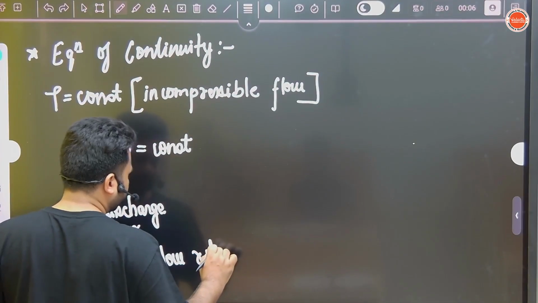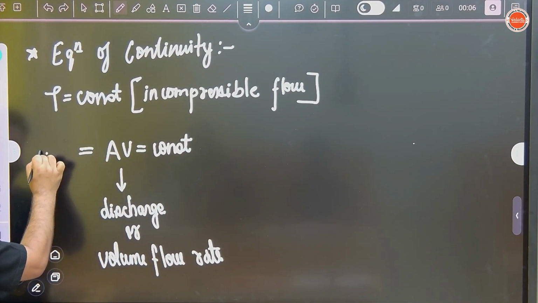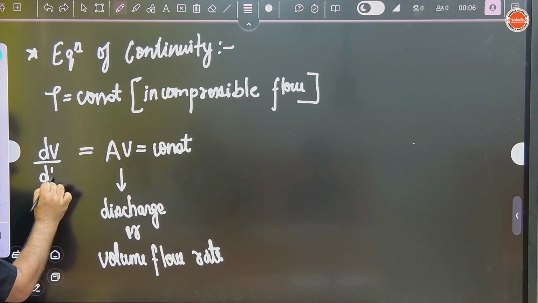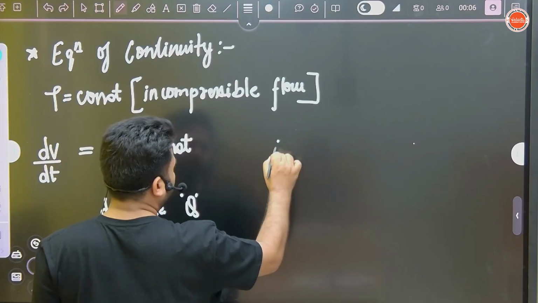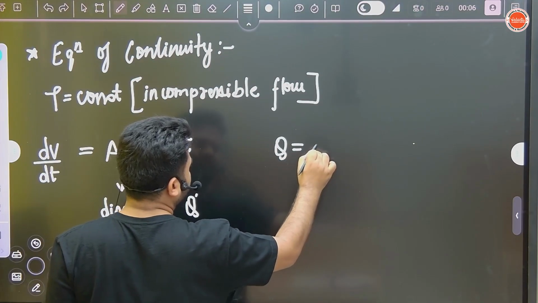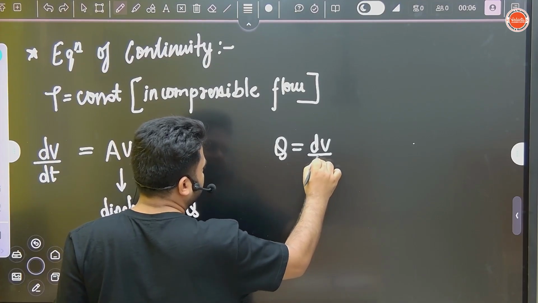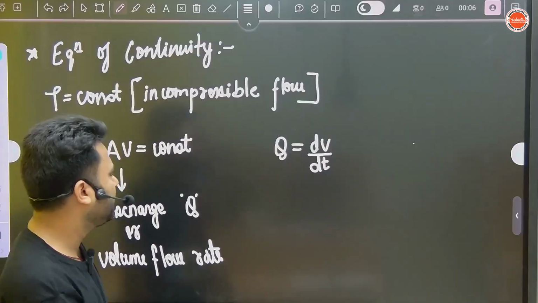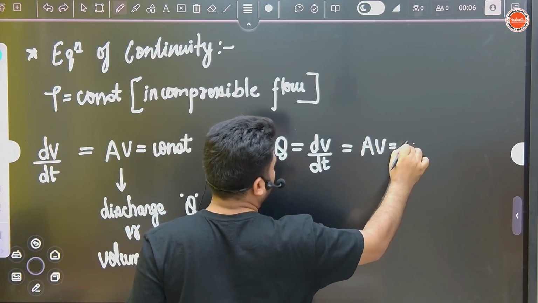Again, this is also called discharge. Discharge we represent by the letter Q. Discharge is how much volume flows in how much time. Its formula is area into velocity and it is always constant.